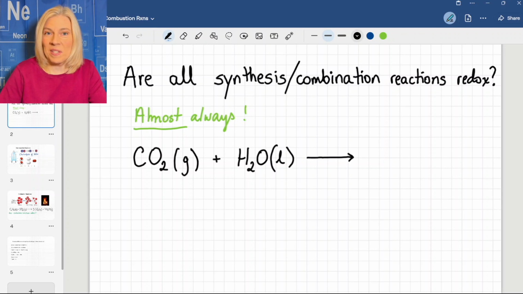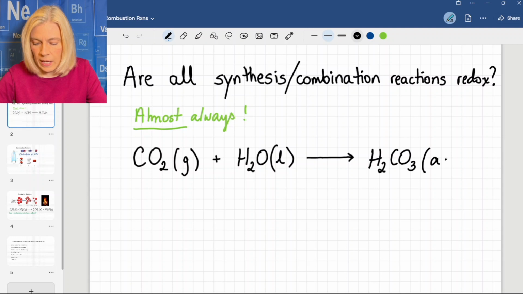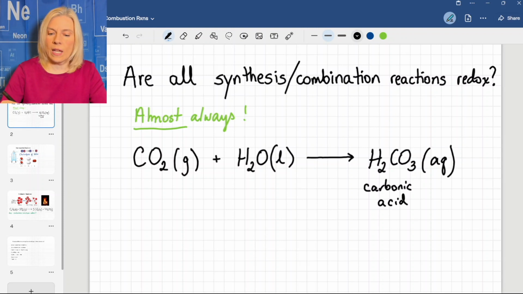Acid rain is carbon dioxide gas reacting with the water droplets, and they form carbonic acid. So they will form H2CO3 (aq). This is also carbonic acid. And this is not a redox reaction.